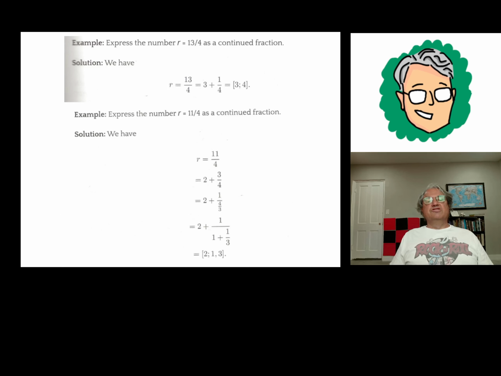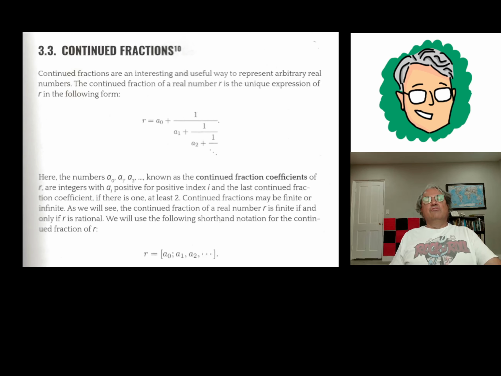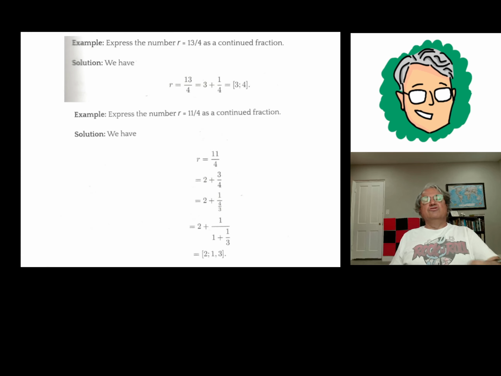That means we can write 13 fourths as 3 and a quarter, or if you like, 3 plus 1 quarter. And I think you can see from the form of the continued fraction, this is just a continued fraction with length 2. There's only two coefficients here, 3 and 4. So our first coefficient is 3, and our second coefficient is 4. So that's how we would write it, 3 semicolon 4. Notice that the fraction on the right has a 1 in the numerator. All the fractions we have always have a 1 in the numerator when we're doing simple continued fractions.